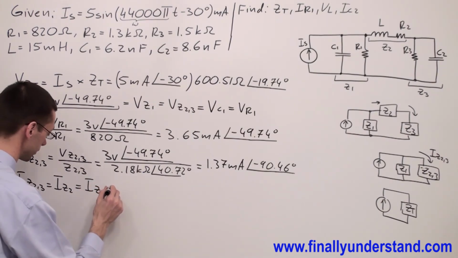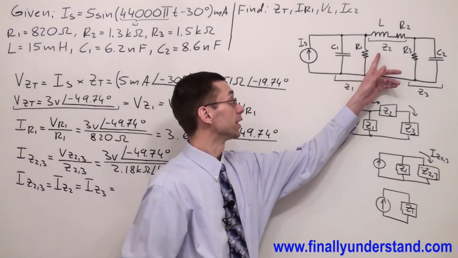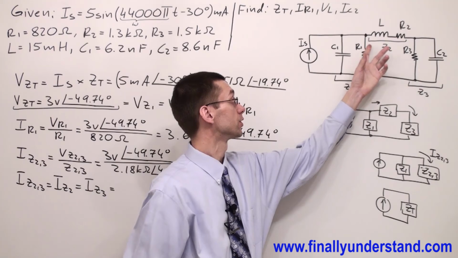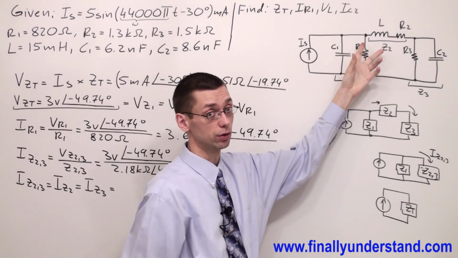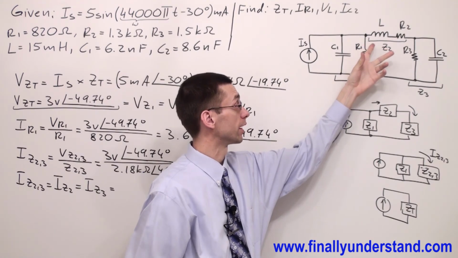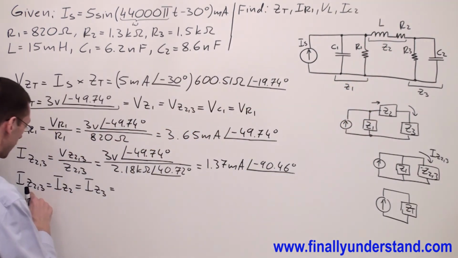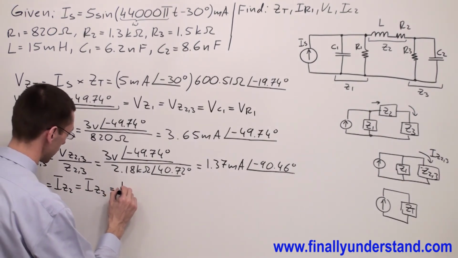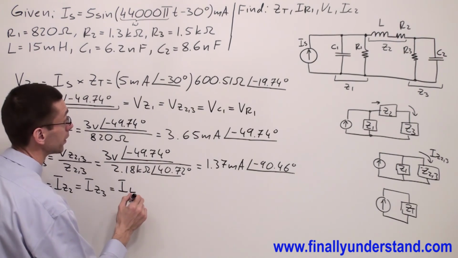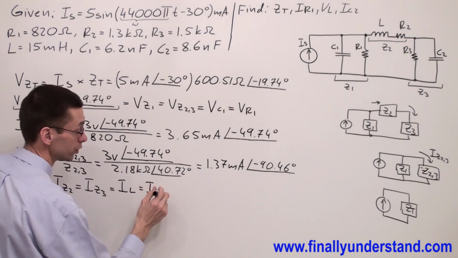Also, please keep in mind that the impedance Z2 represents the inductor and resistor together, okay? So, because they are in series, I can say that this current, which I just found, is equal also to current IL and current which goes through resistor IR2.